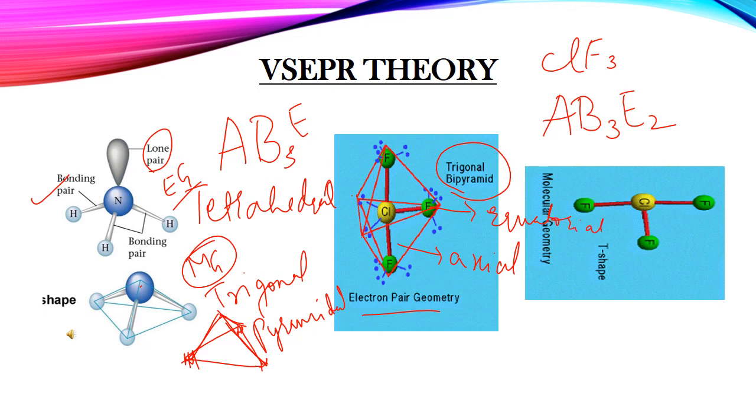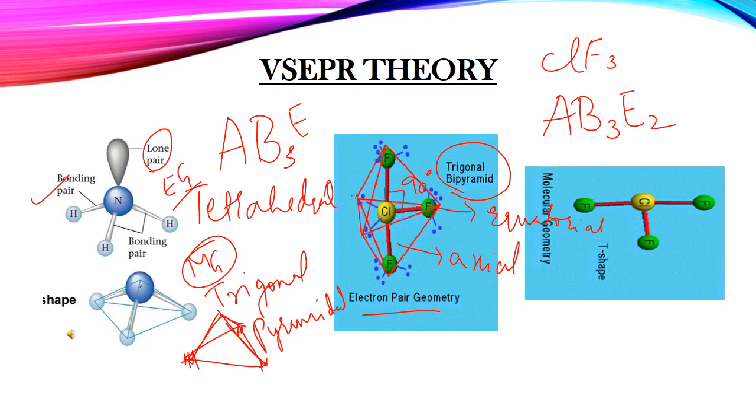Now the lone pairs in this case need to be in equatorial positions always. They cannot be in the axial positions, because if they are in axial positions, the bond angle here is 90 degrees, because of which there will be more repulsion between the lone pairs and the bonded pair.